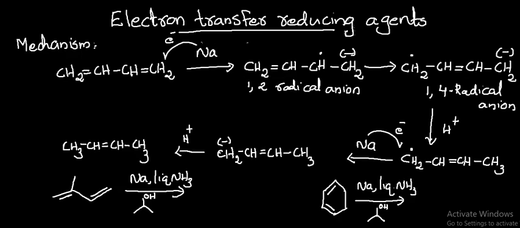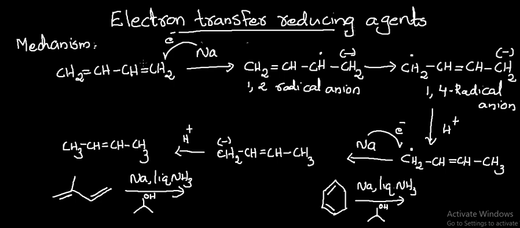Let's see the mechanism of metal dissolved reduction. Consider butadiene. When sodium transfers one electron to this carbon, it will convert it into a 1,2 radical anion. This double bond means a pair of electrons.